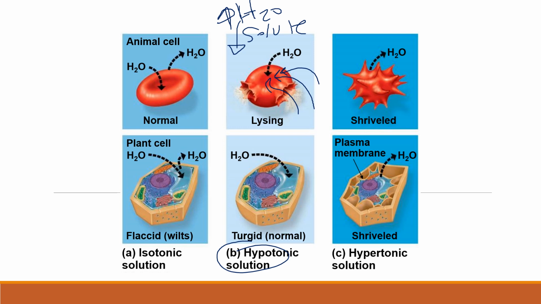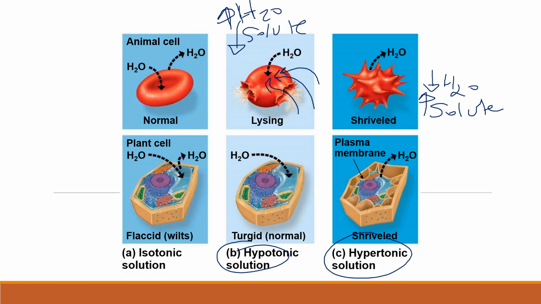What happens if you take your red blood cells and this time you placed your red blood cells in a hypertonic solution? If you place your cells in a hypertonic, that means that this solution outside has what? A higher solute concentration. But what does that mean about the water? That means that outside your cell, there is a lower water concentration. So is the water going to be moving into the cell?